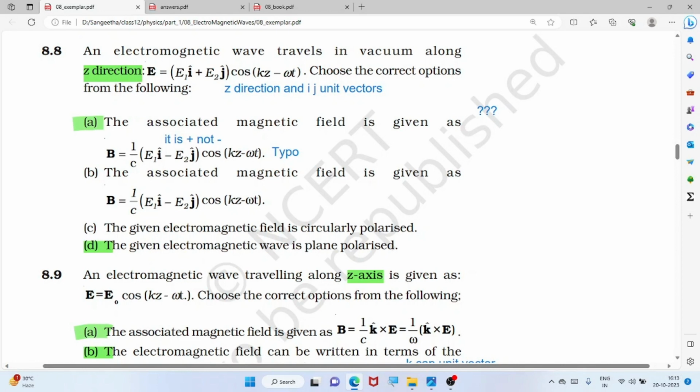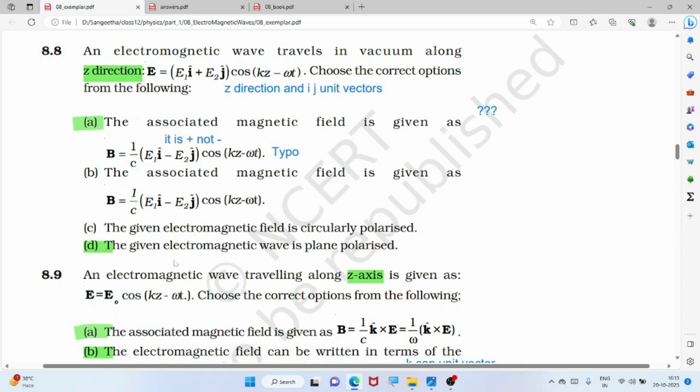E equal to CB, I already showed you. So based on that, B equal to E by C. Actually this is plus, because if you see here also minus, here also, what is the difference between these two? Here actually there is a plus. There is a typo here. Otherwise you see these two are the same. So that is why this is a plus and this is minus. Okay, this option is correct.